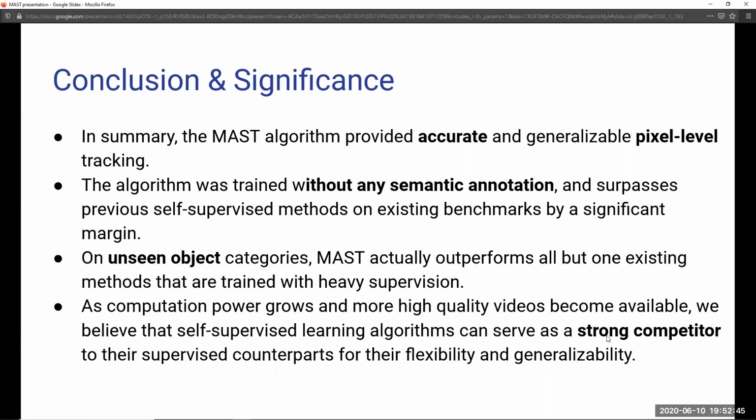It's a very strong competitor compared to supervised, because supervised uses many annotations and is very memory intensive. In this way, they not only did a better job than previous self-supervised methods, but also it's very competitive with the supervised.